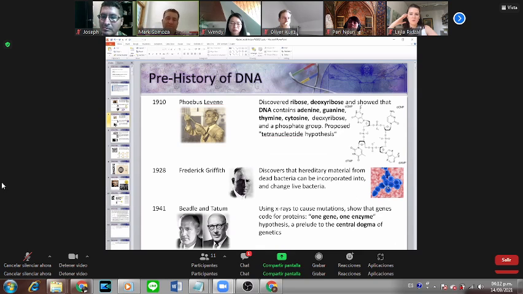DNA has these components that, of course, are all connected, but we divide DNA into three basic components: the backbone, which is the phosphate chain, and the sugar, which is either deoxyribose or ribose, and then this glycosidic bond to a base, which is either a purine or pyrimidine. We'll get back to the structure later on.